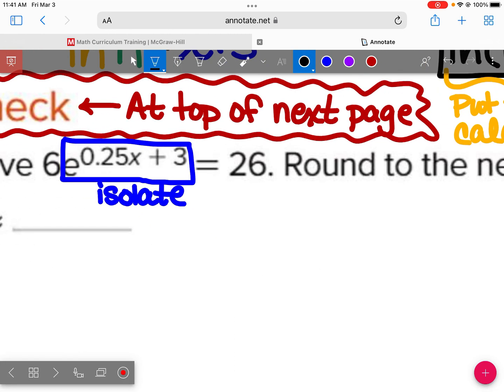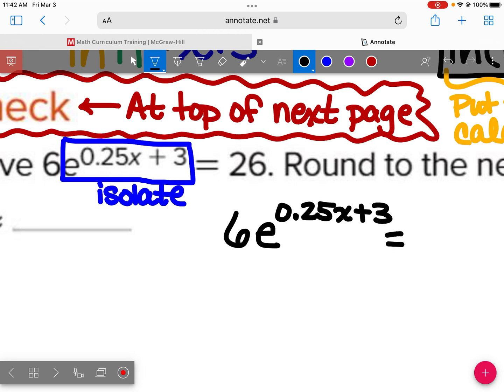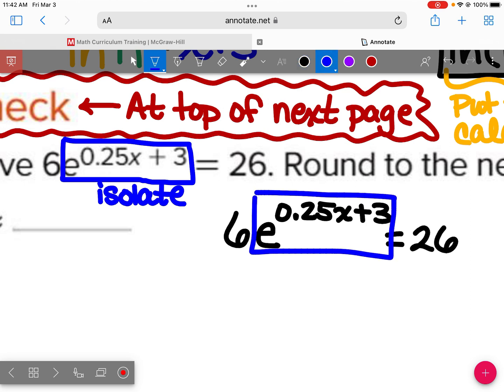What would I have to do to isolate the e with its exponent? Divide both sides by 6. All right, so I'm going to divide both sides by 6.